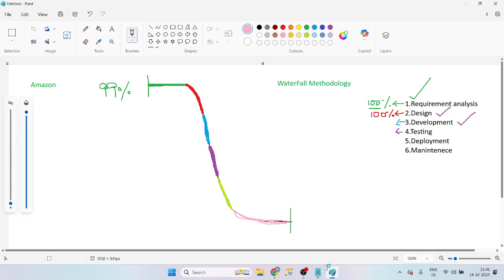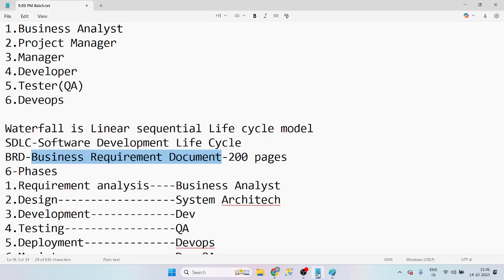Now, what will the business analyst do? The business analyst will read the document and prepare some requirements. If you give this document to the developers and the testing team to understand, it will take a lot of time.